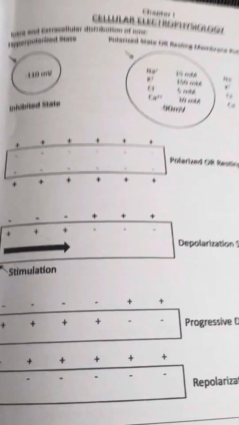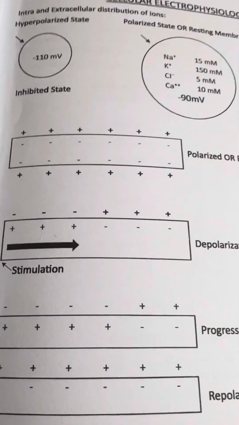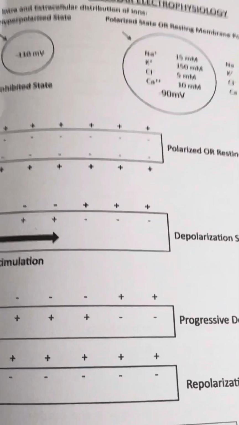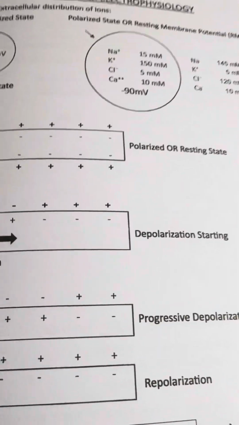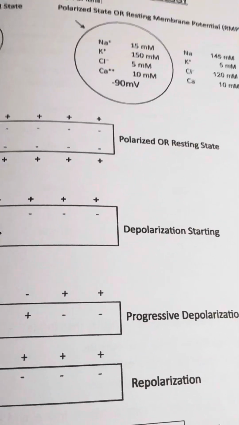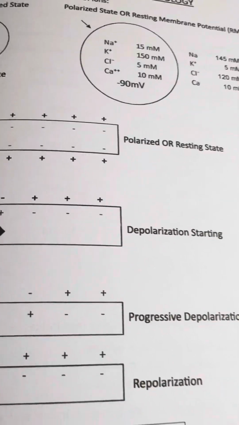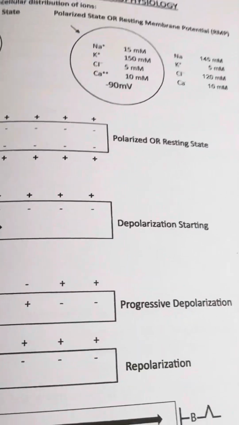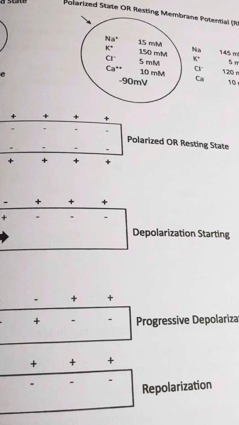Then, if you see, there is a strip shown here which shows that the positive charge is outside and negative charge is inside. Inside it is minus 90 millivolt, and in most cells it is minus 90, except for the SA node and a few other examples.